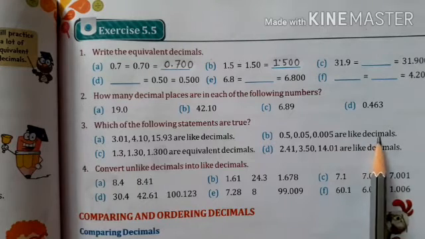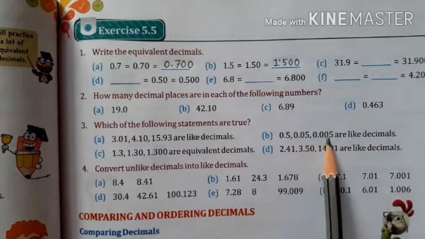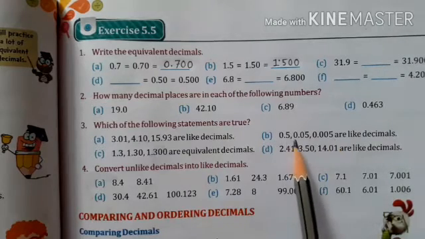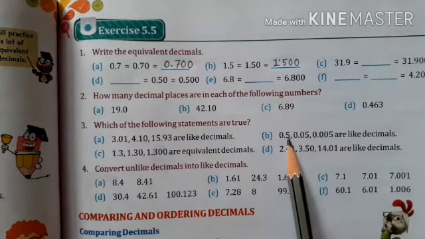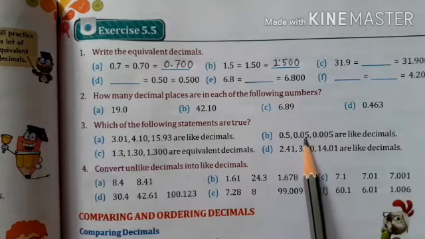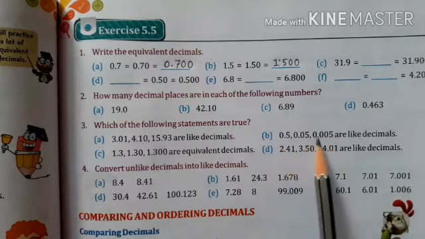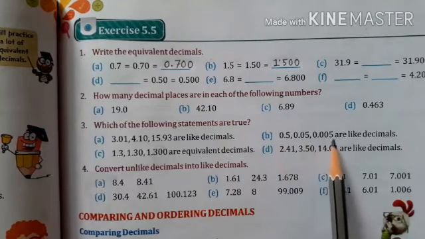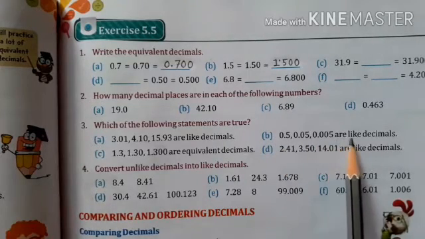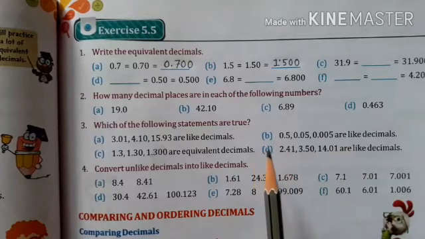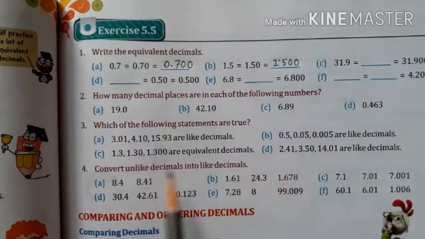This statement is not true because these decimals have different numbers of decimal places. Look at here, there is only 1 decimal place, there are 2 decimal places, and there are 3 decimal places, right? So they have different numbers of decimal places. So this statement is not true. This is how you have to check whether the statements are true or not, okay?